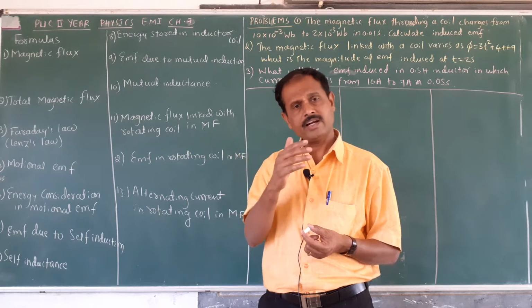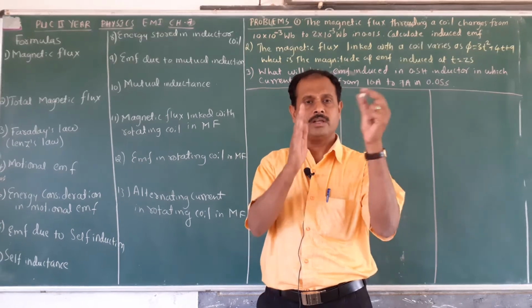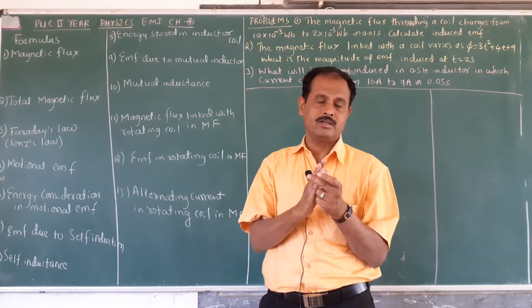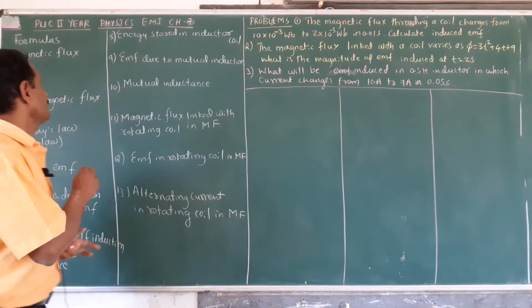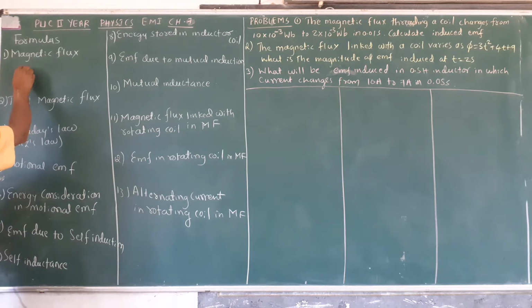Now, the number of magnetic field lines normally passing through a small area shows the magnetic flux. The magnetic flux for the small area is given by delta phi equals B delta S cos theta.